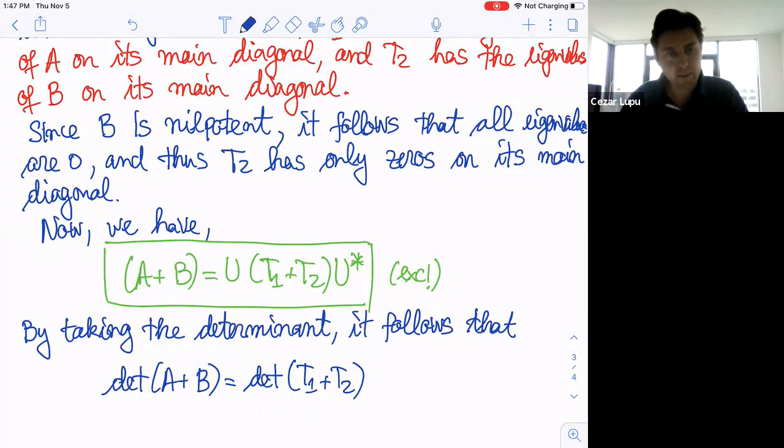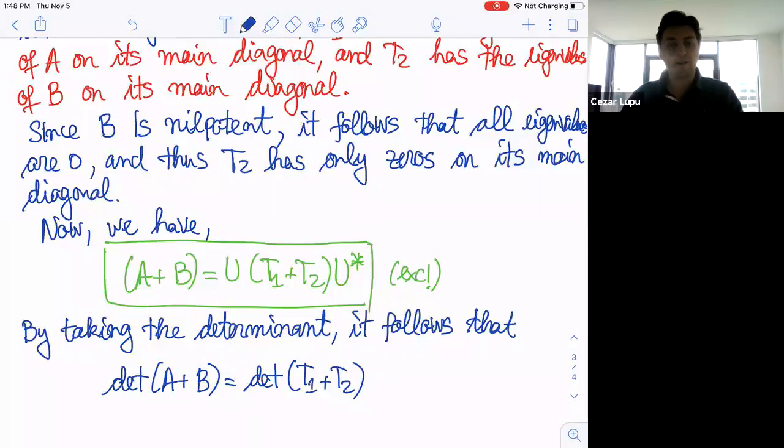But there is something about T1 and T2. Both of them are upper triangular, and moreover, T1 plus T2 will be upper triangular.